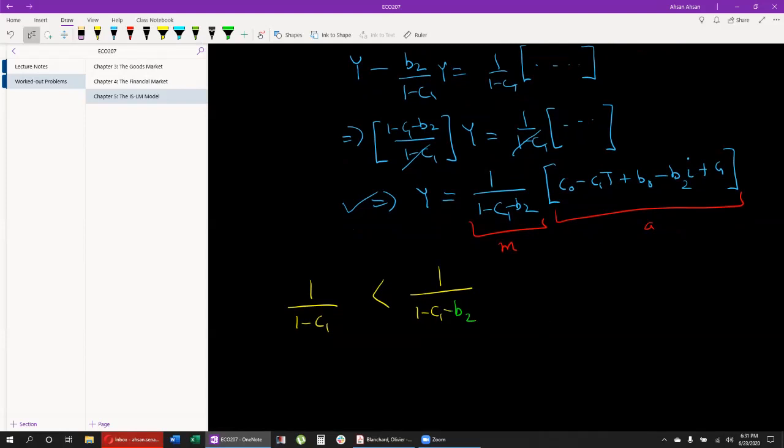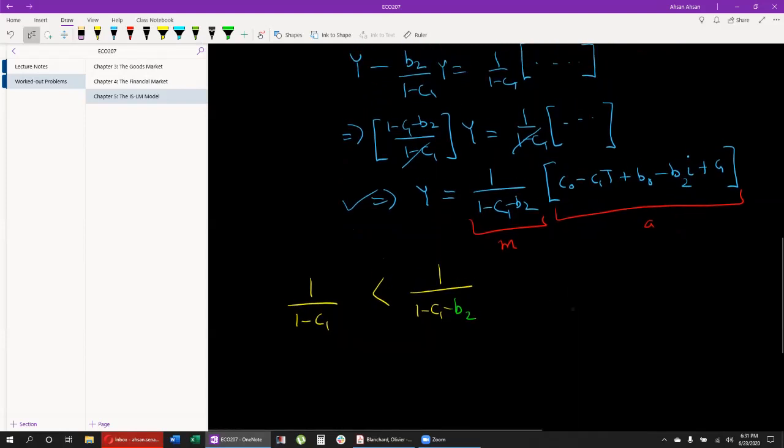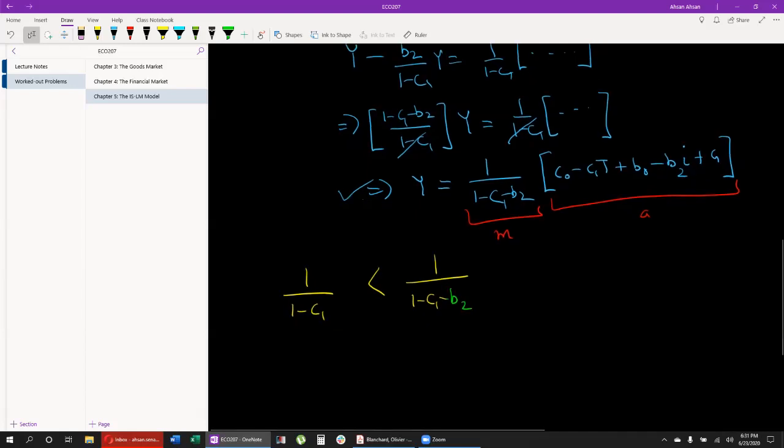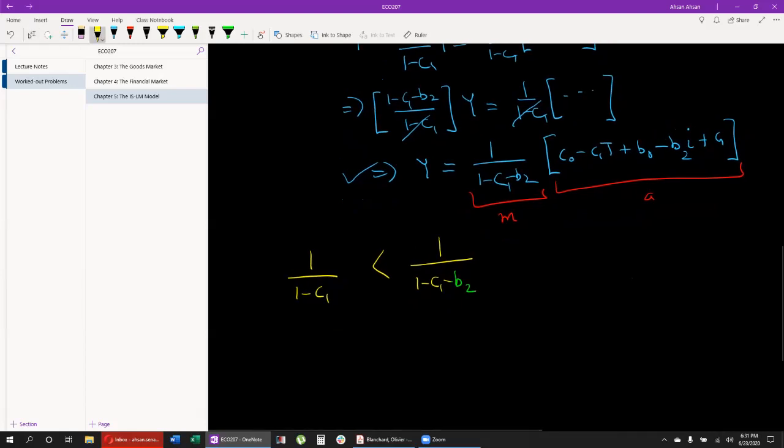And so the question might be, why might that be so? Remember once again, what the multiplier shows us is that if we spend 100 taka, what will be the impact on the economy? So suppose over here the multiplier was 2, but over here it's 2.5.